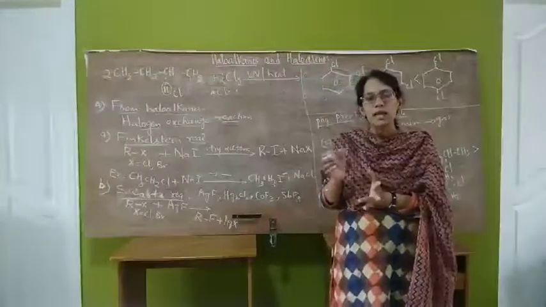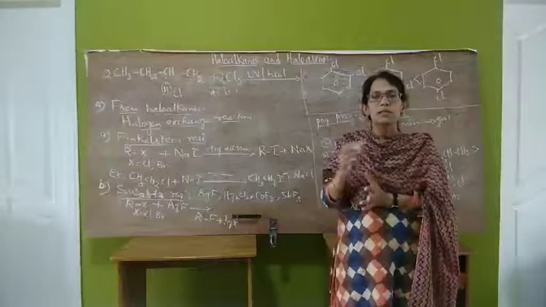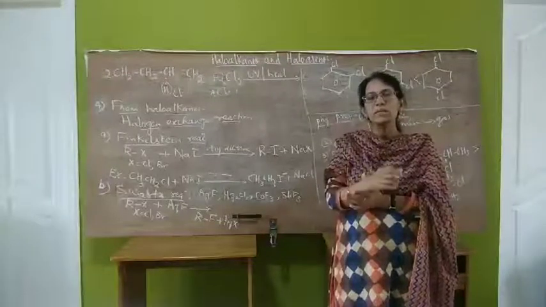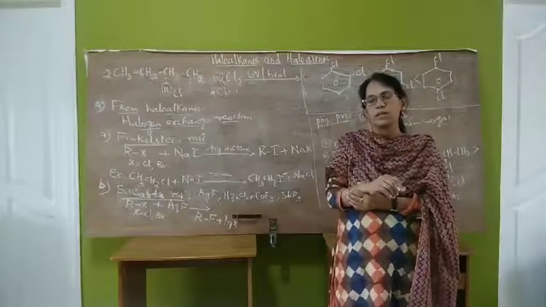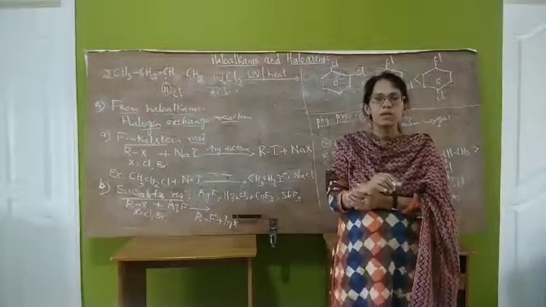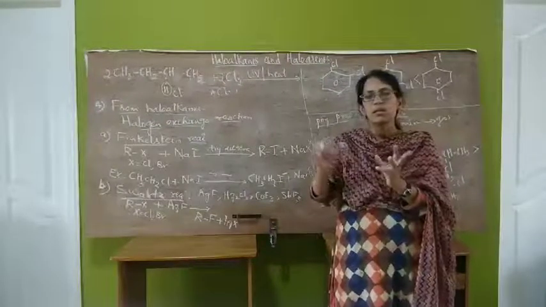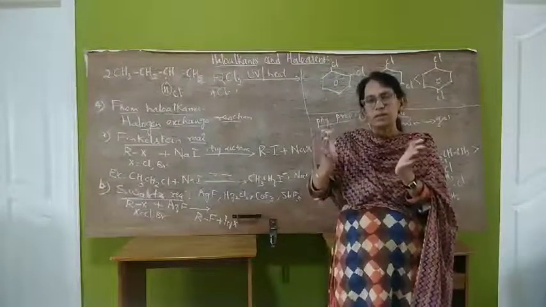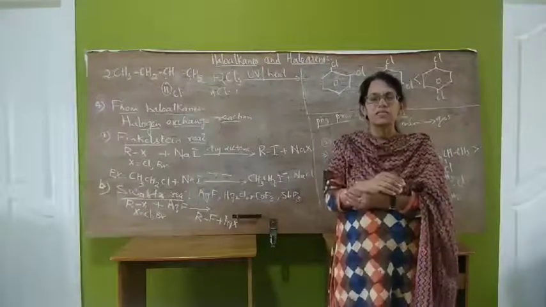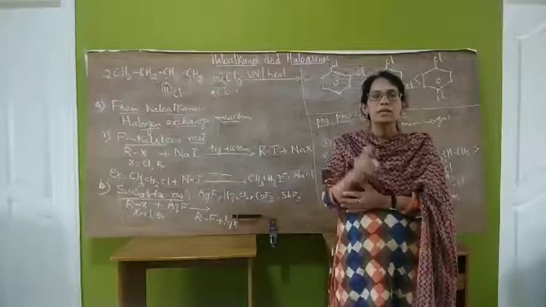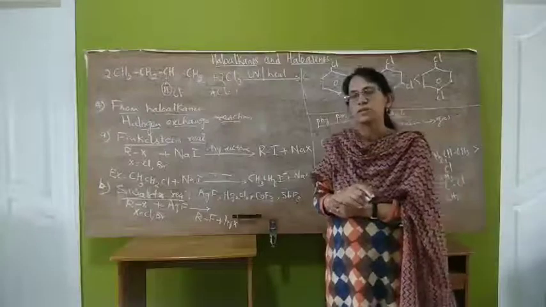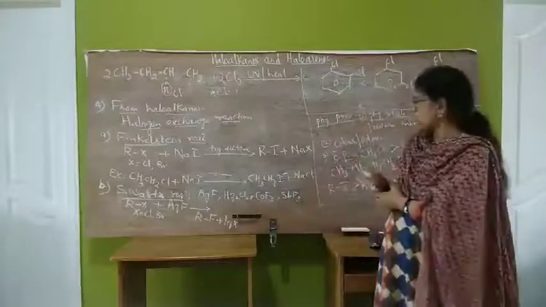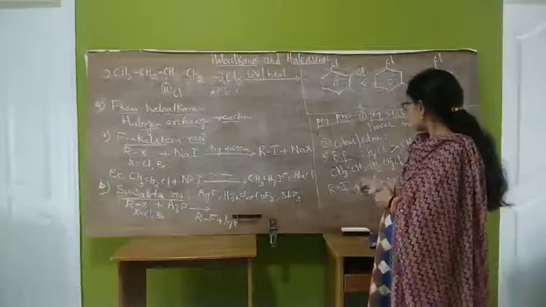Then next, in isomeric haloalkanes, with increase in branching, the boiling point decreases. The boiling point decreases because of less surface area, and van der Waals force of attraction decreases. So boiling point decreases.